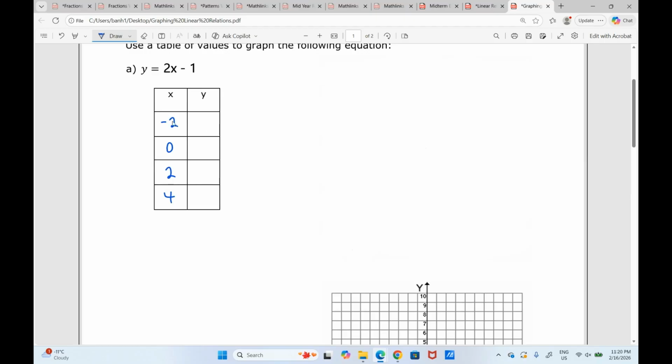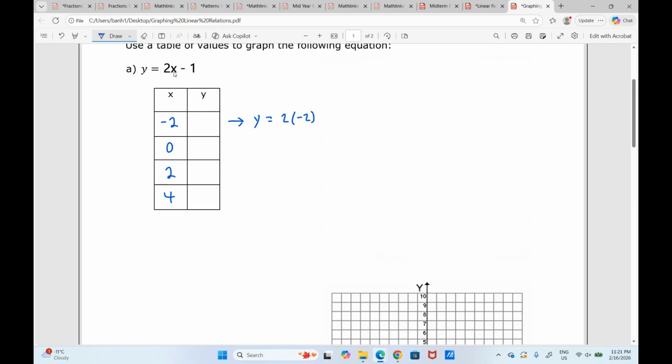Okay, now I made up my values of x. I can't just make up my values of y, so I have to find them. Notice that y equals 2x minus 1, where 2x means 2 times x. I selected x to be -2, so instead of 2 times x, I'm going to write 2 times -2.